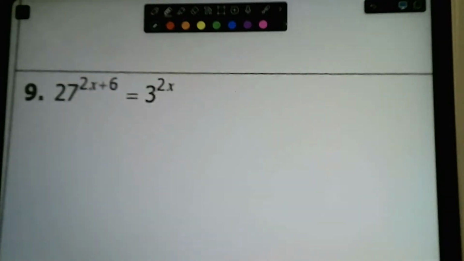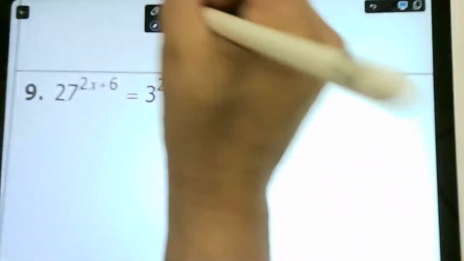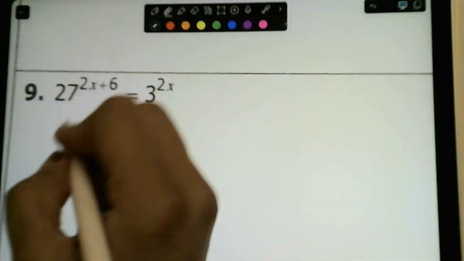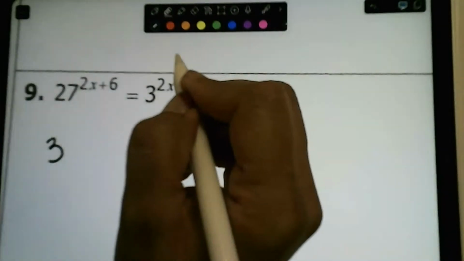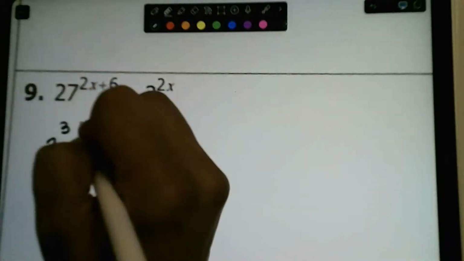All right. They don't have the same base. Can I convert any one of them into something that would have the same base as the other? Like, is 27 3 to some power? Yes. Okay. What is 27? 3 to the power of 3?